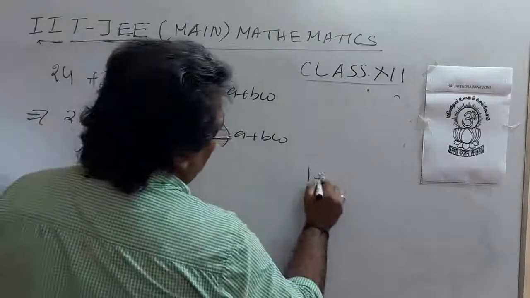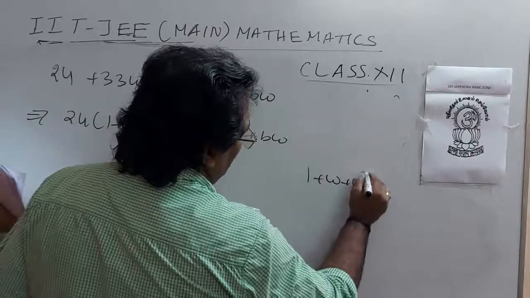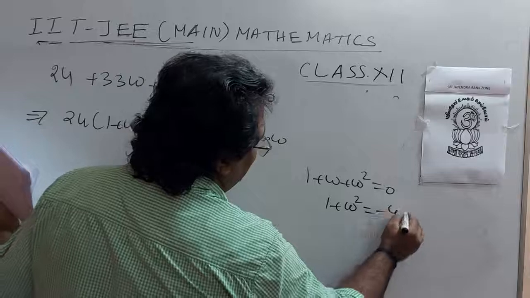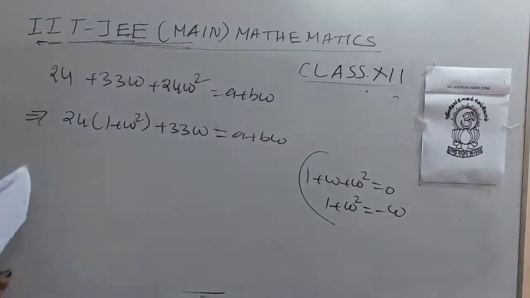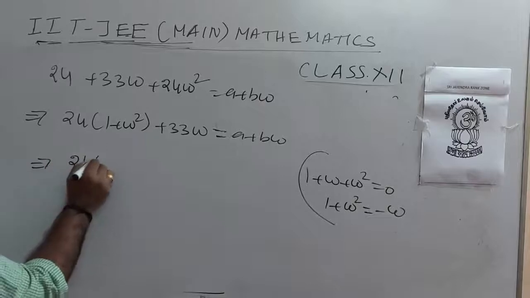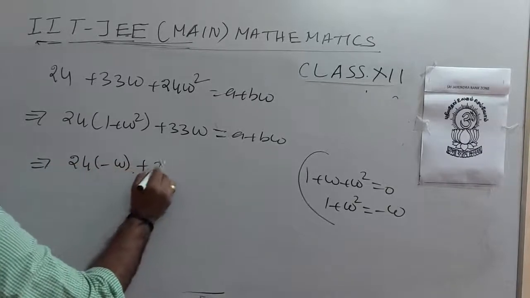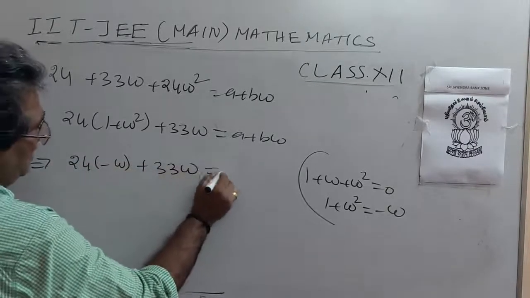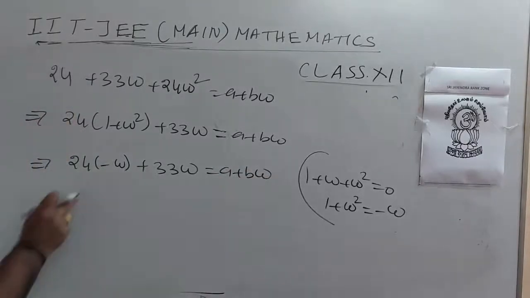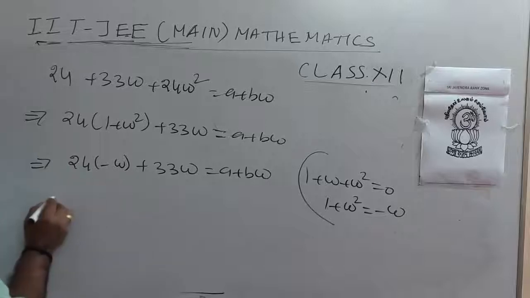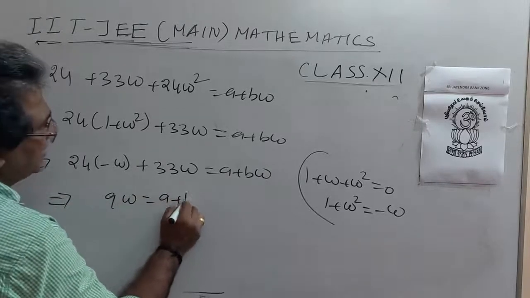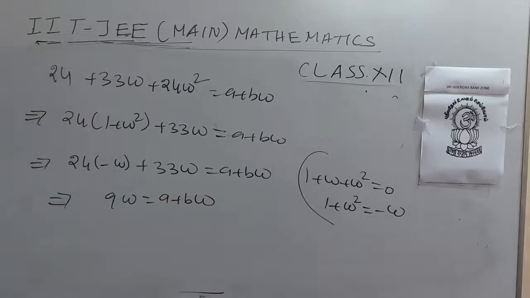We know that 1 plus omega plus omega squared is 0, so 1 plus omega squared equal to minus omega. So 24 into minus omega plus 33 omega equal to a plus b omega. Minus 24 omega plus 33 omega, that is 9 omega, equal to a plus b omega.